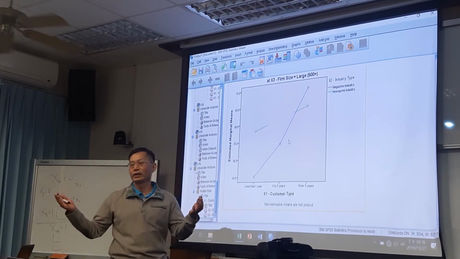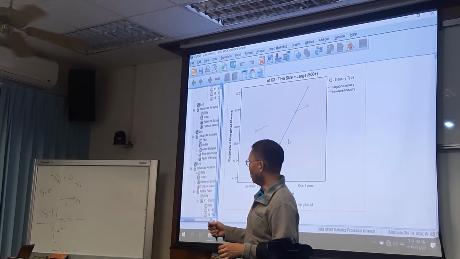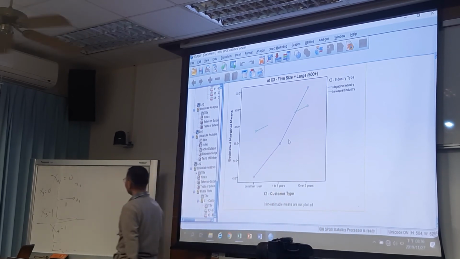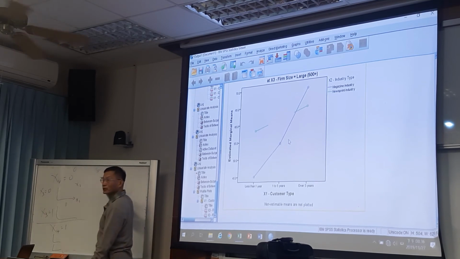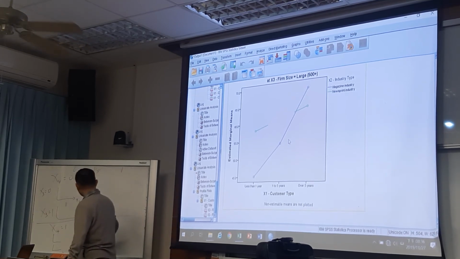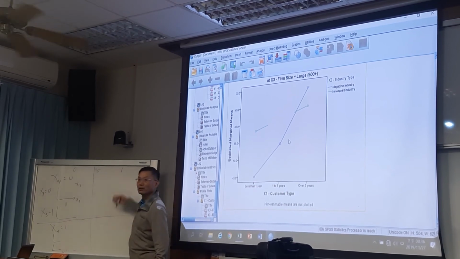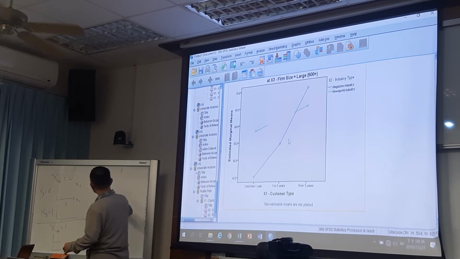If 5-way interaction is significant, how are you going to do it? Separate your file by x5, 0 and 1. So in total, how many products do you have? 1, 2, 3, 4, 8. You need to separate your file.